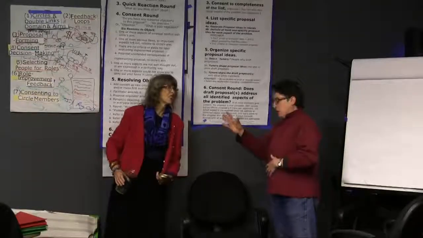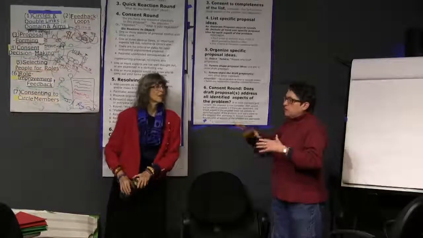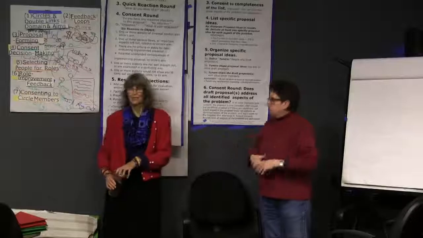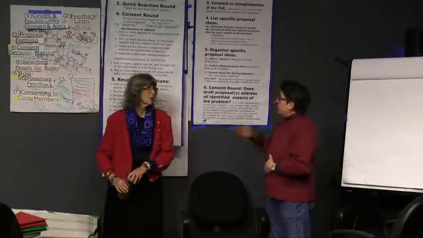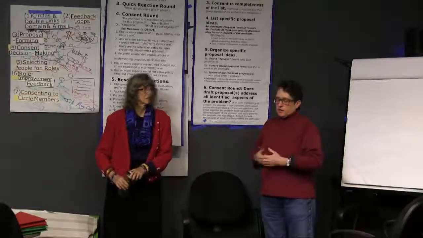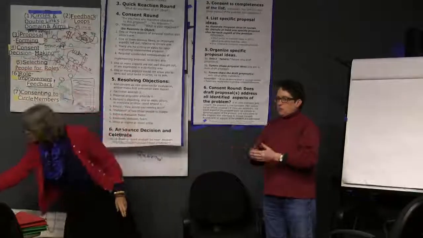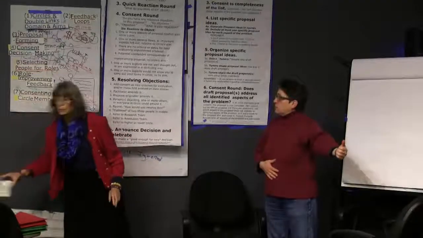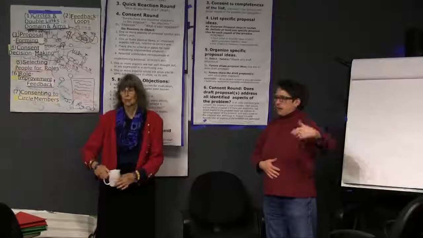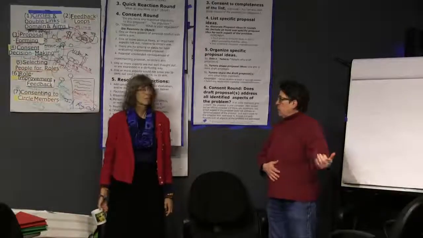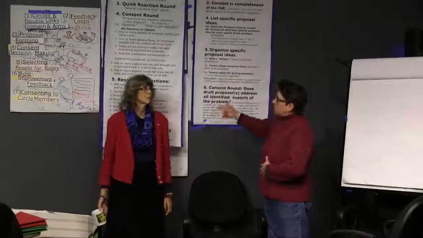It's ready to consider and decide. It's ready for the circle to go through the consent decision making process. That's right. So at that point, the group could either say, okay, we have the proposal, let's go through the consent process next circle meeting and table it until then, or the group could then start this process of consent decision making.